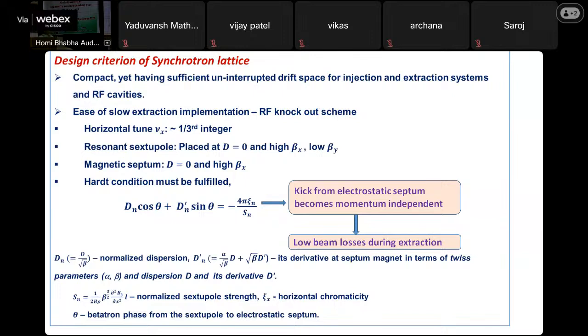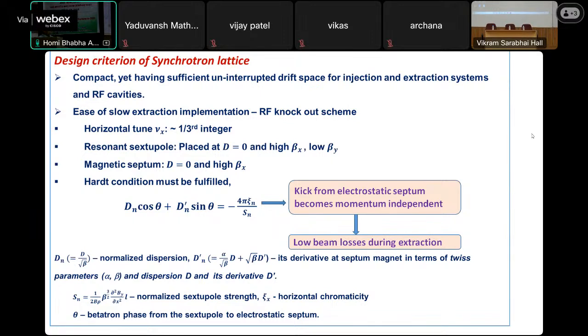For this, our machine should be operating near the 1/3 integer in the horizontal plane. The sextupoles which drive the resonance must be placed in a non-dispersive region so that they affect the chromaticity less, and their Twiss functions should be well separated in the horizontal and vertical planes.